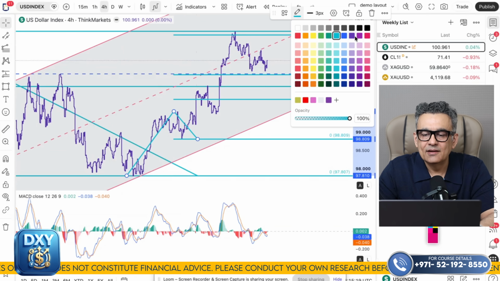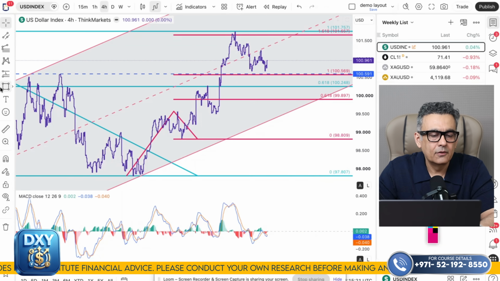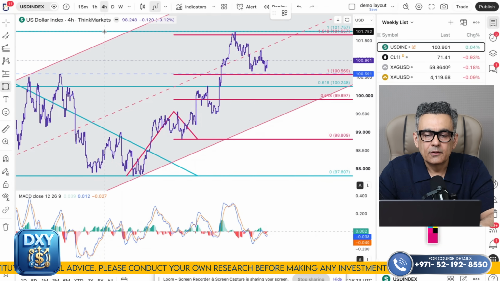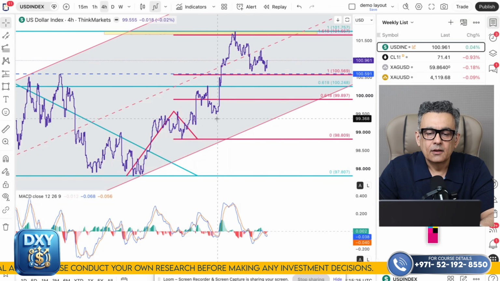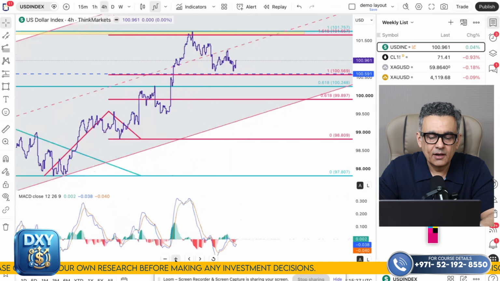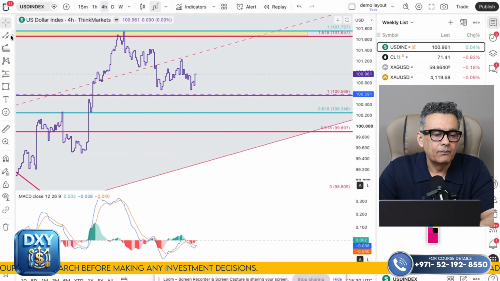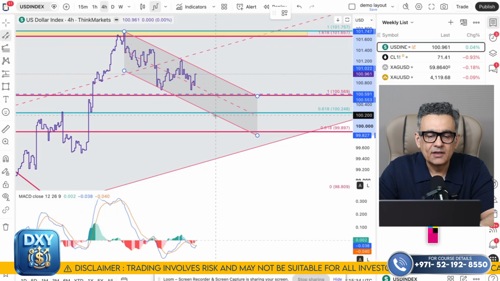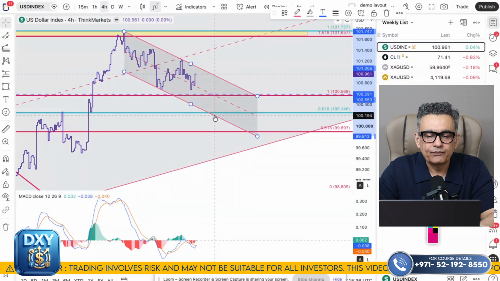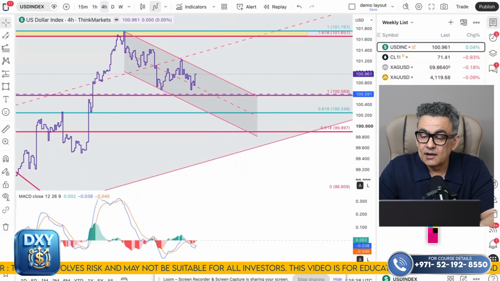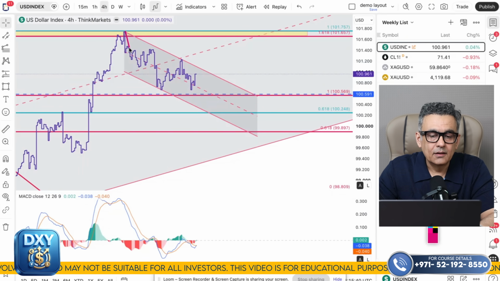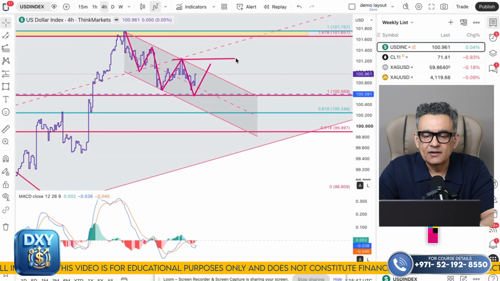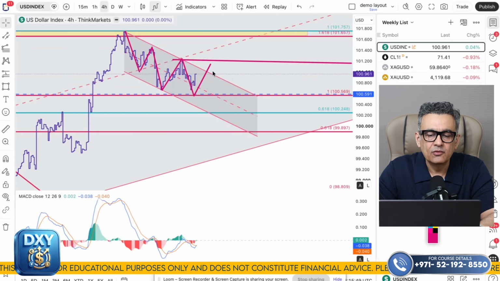And it reached exactly to the magnet high, magnet resistance here, and got blocked. Right now on the 4-hourly frame, it is in the corrective drop, so we will be using a downward channel here to represent it. Now the USD index is under corrective drop, and the buyers need to break above this channel, basically this high, which is around 101.20.